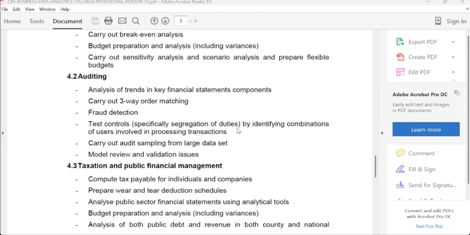I want to share something here. What I've shared is the course outline. So under audit, you're expected to look at the analysis of trends in key financial statement components.